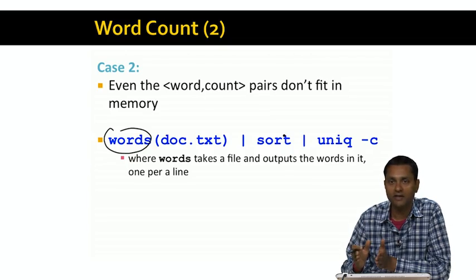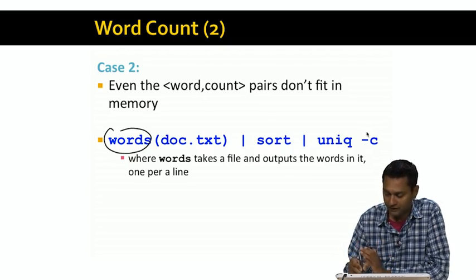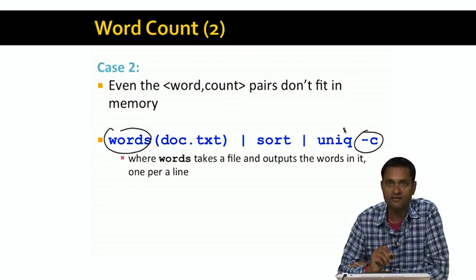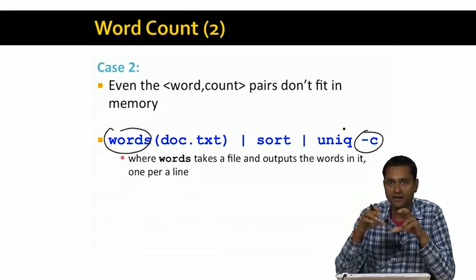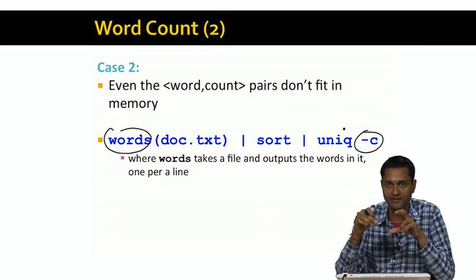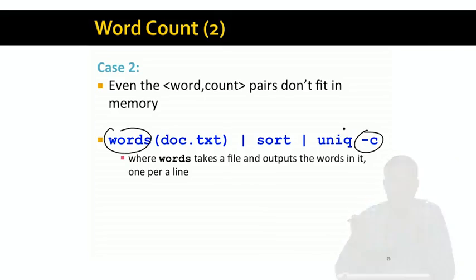And one of the nifty features of uniq is the -c option. When you do uniq -c, what it does is it takes a run of the occurrences of the same word, and it just counts the occurrences of the same word. So the output of this is going to be word count pairs, right?